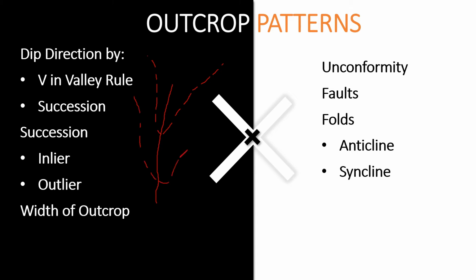When we see that, it means that it is a valley. So when that valley passes through an outcrop that is also shaped like a V, for example, we have an outcrop that is shaped like V here.